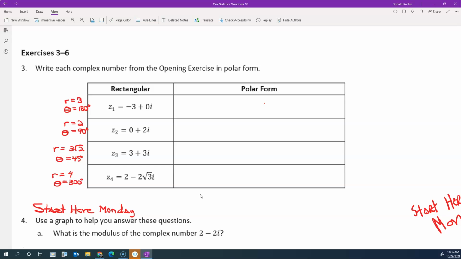So if you know those things, then you can write it in polar form.